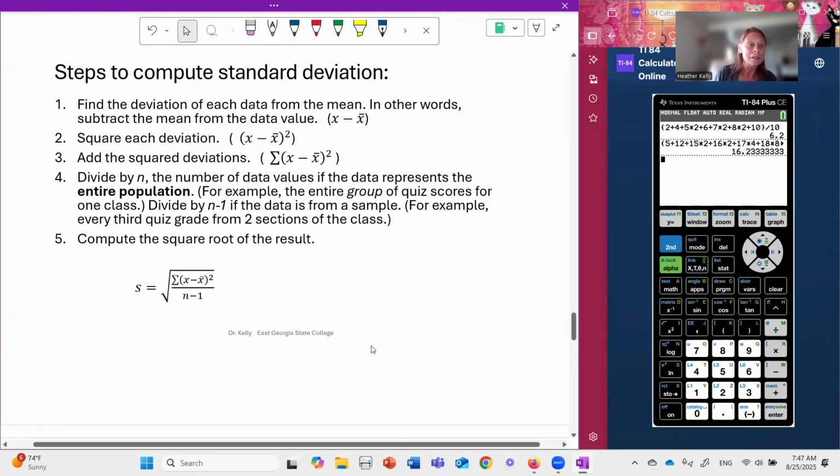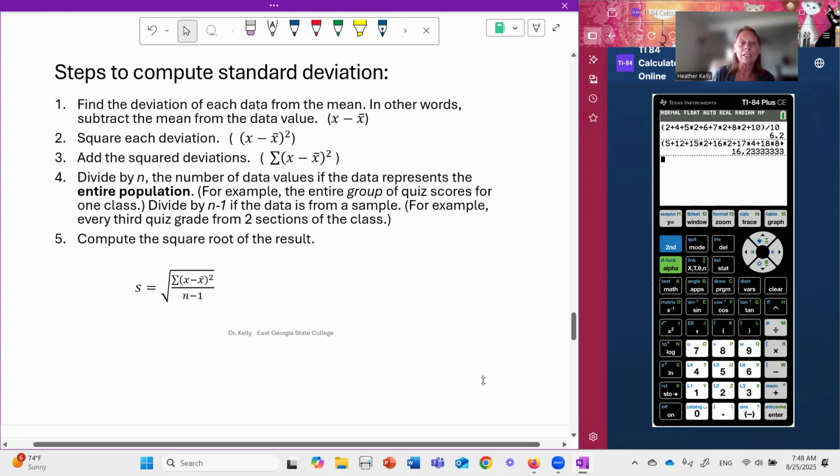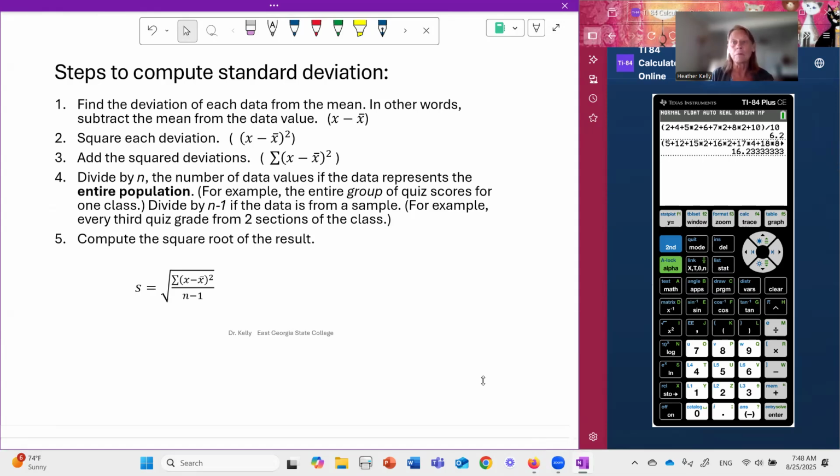The first thing we do is find the deviation of each data point from the mean. So first we have to find the mean, and then we subtract the mean from every single data point. Yes, this is tedious. Then we square each of those individual differences and sum them all up.